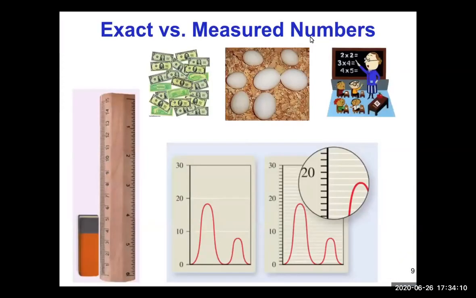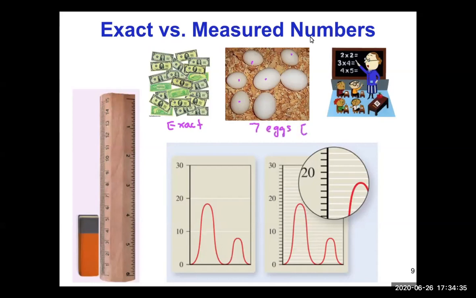Okay, so exact versus measured numbers. Just like we talked about, exact numbers are counted numbers or have defined values. So like counting money, that's an exact number. Counting eggs, 1, 2, 3, 4, 5, 6, 7, you can say 7 eggs.